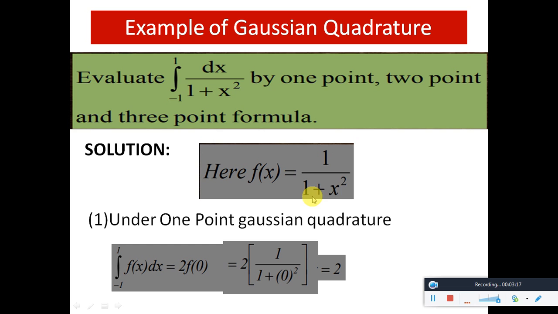So that becomes 1 by 1 plus 0 square, and this becomes 2. So the integral value of this particular integral, minus 1 to 1 dx by 1 plus x square, gives you the value 2. You can check it by the normal integration method also.